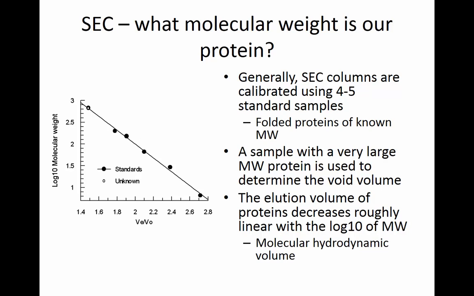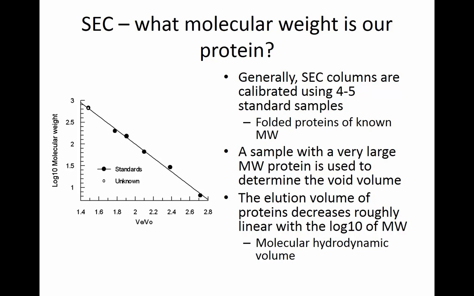These are folded proteins often of known molecular weight. In some cases you can get styrofoam particles that are of known molecular weight. But regardless, the idea is the same. You're calibrating using molecular weight standards. So when your protein comes off the column at a given time, you can estimate its molecular weight, if you don't know it already.